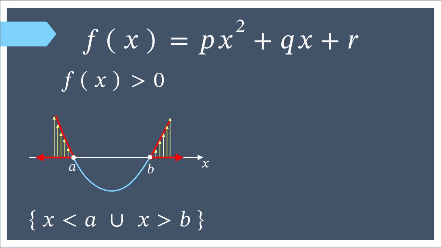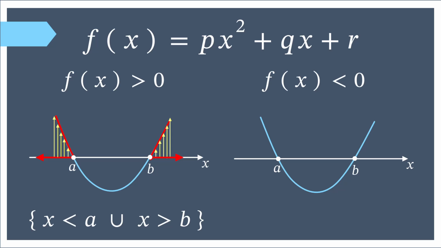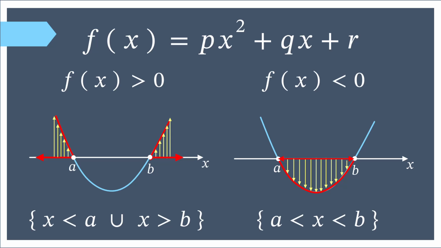Now, if we were rather asked to solve the inequality f of x is less than 0, we would be considering the set of x values for which the graph is below the x-axis. So values of x between a and b are values that are such that the graph is below the x-axis. So values of x between a and b are represented by the inequality a less than x and x less than b. So this will be the solution satisfying this inequality.